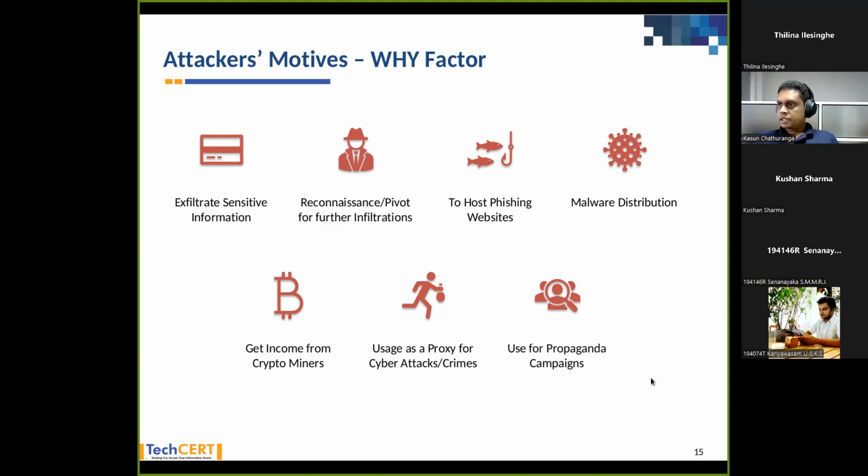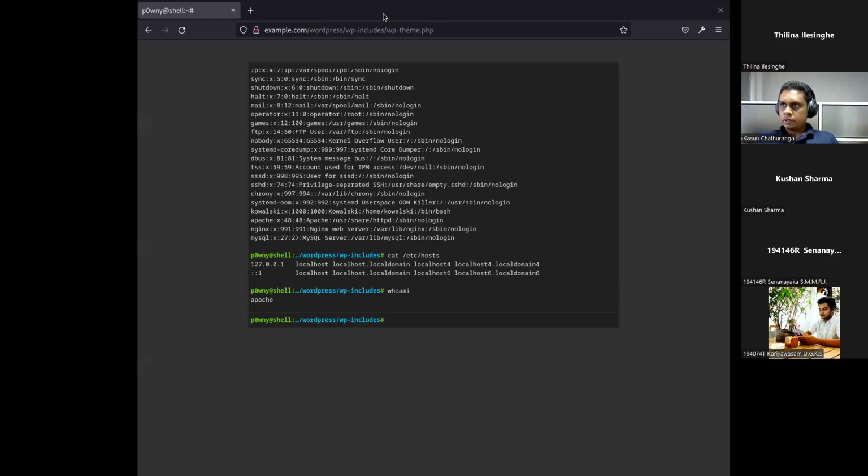If you can see, this whoami command responds as apache. This is the default installation of Rocky Linux 9, which is Red Hat 9, CentOS, and it does not run as the root user.